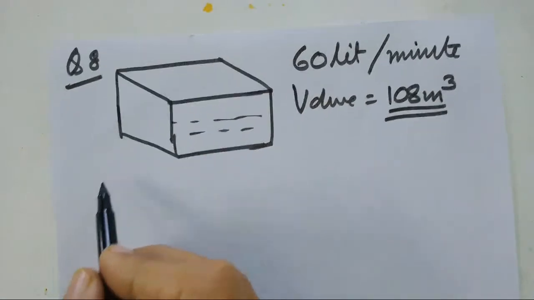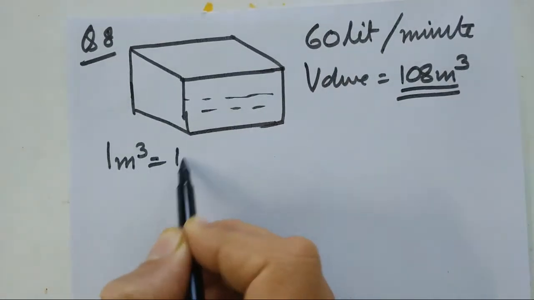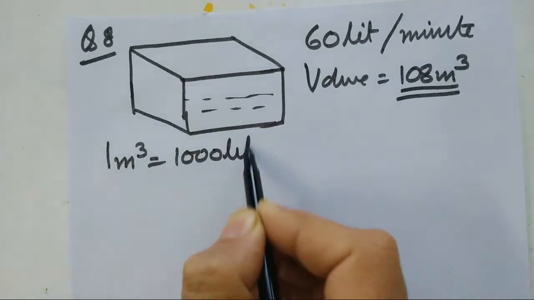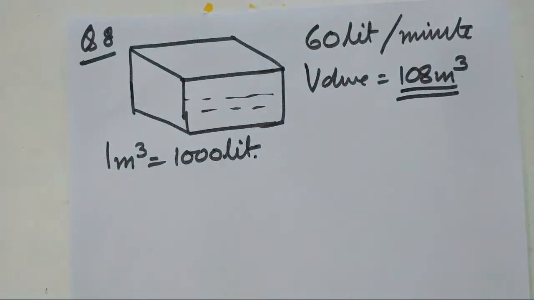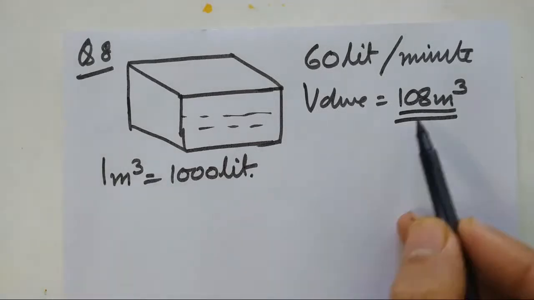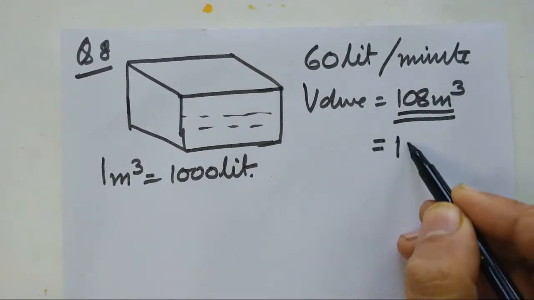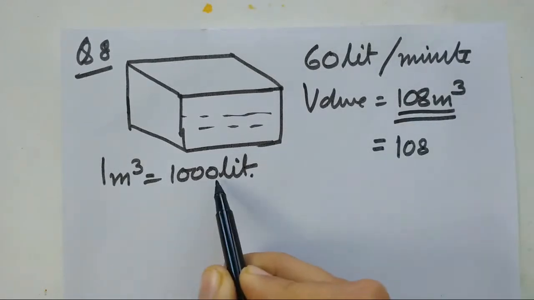We just now saw that 1 meter cube is equal to 1000 liters. So if I change this into liters, 108 meter cube will become 108,000 liters.